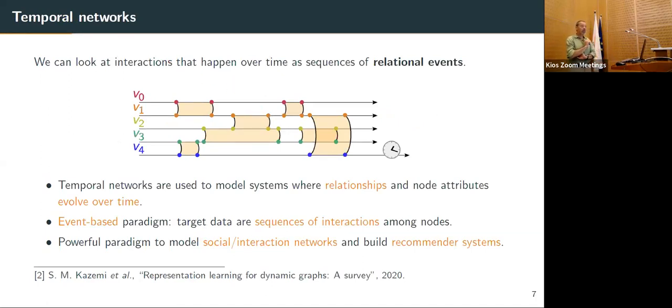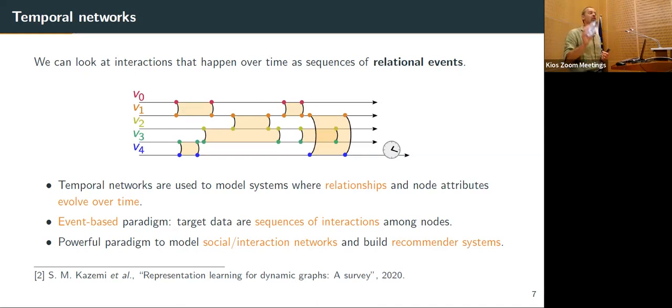Second, temporal networks. Again, the focus now is on interactions. We want to interact. That is what I'm interested in. In a recommender system, if I'm going to provide you, look at this, I'm interacting with you. Will you be happy?